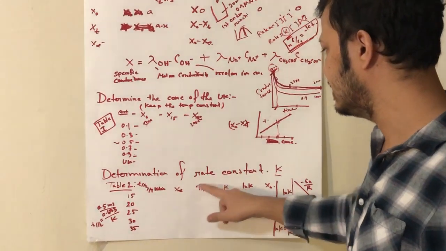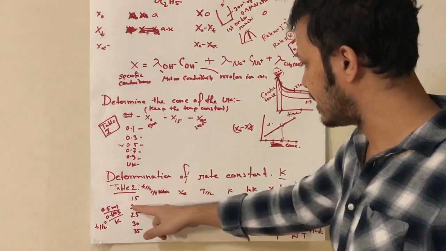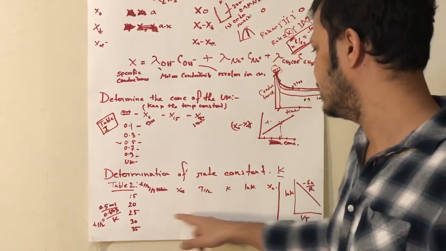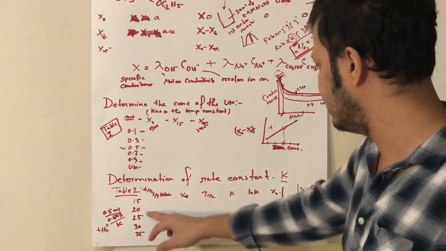The same way you can get it for 20 degrees, 25 degrees, 30 degrees, 35 degrees. So you will get the T half and you will get the K.